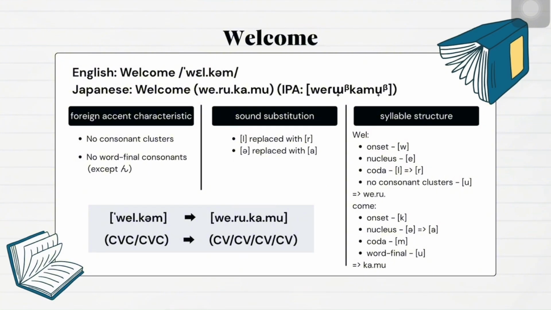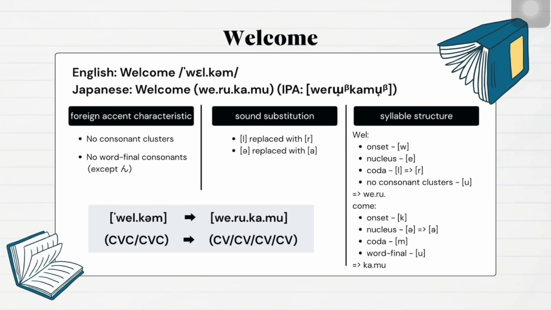For the second syllable, come, the onset is K. The nucleus is replaced with A, and the coda is M. Since there are no word final consonants in Japanese, a U is added at the end of the syllable. So the second syllable come turns into kamu in Japanese.